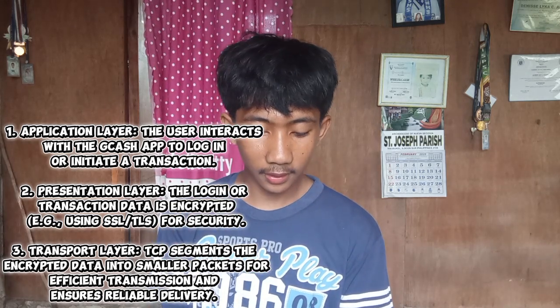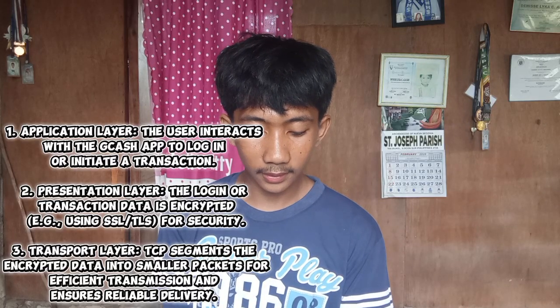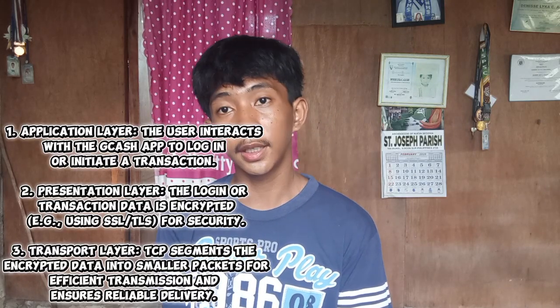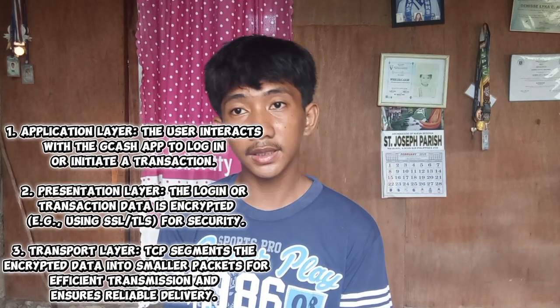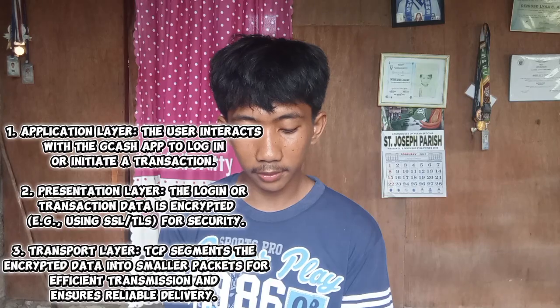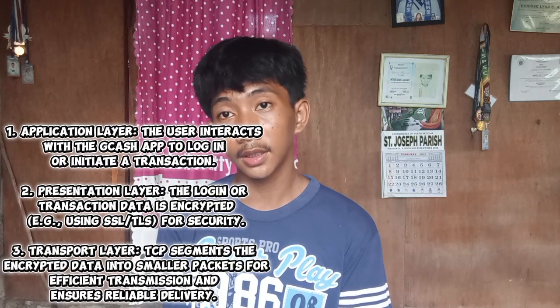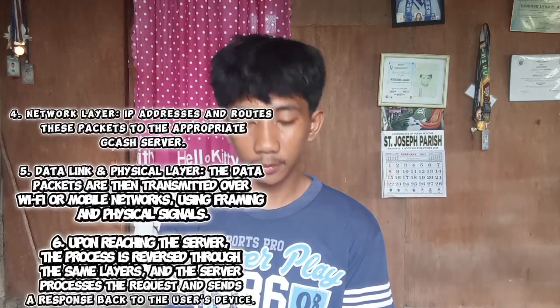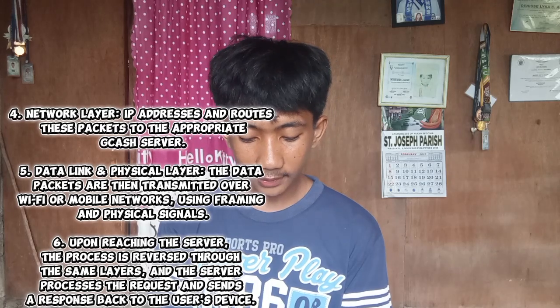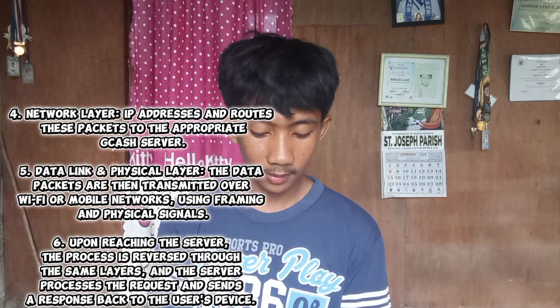The login or transaction data is encrypted using SSL/TLS for security. Next is the transport layer. TCP segments the encrypted data into smaller packets for efficient transmission and ensures reliable delivery. Next is the network layer. IP addressing and routing send the packets to the appropriate GCash server.